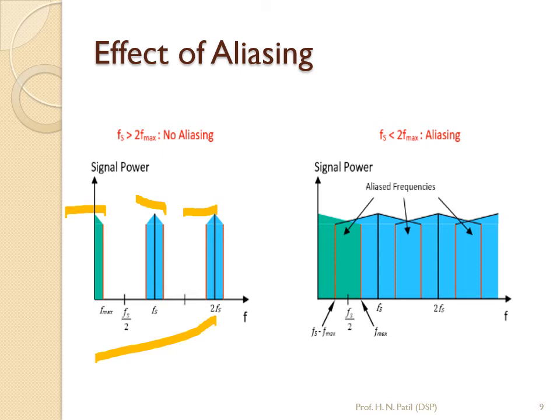But if you look at this figure, this part and this part get overlapped on each other. This overlapping will cause signal loss, and that frequency is called the aliased frequency. So if the sampling frequency is kept smaller than twice f max, then it causes aliasing, and aliasing will cause signal loss.